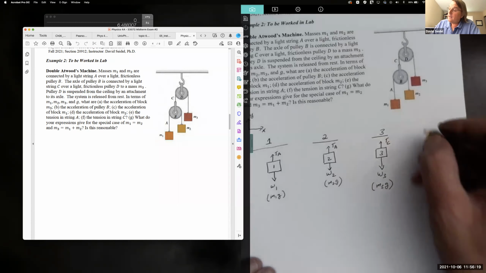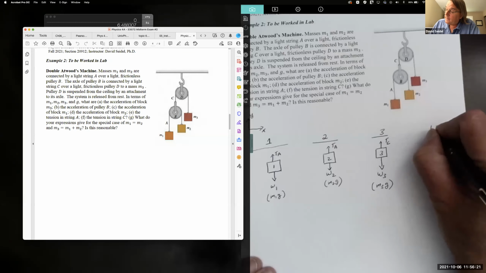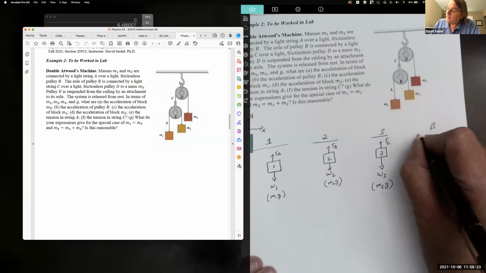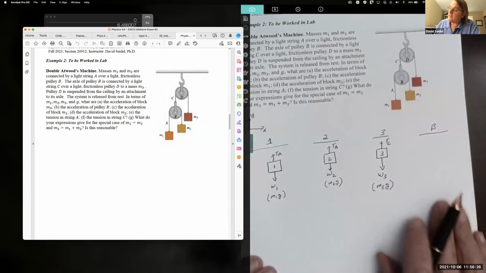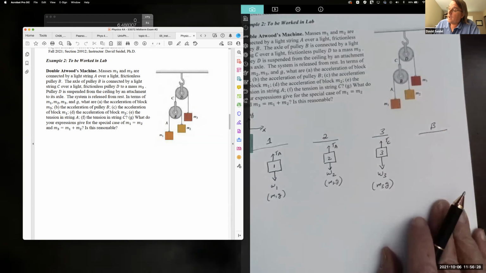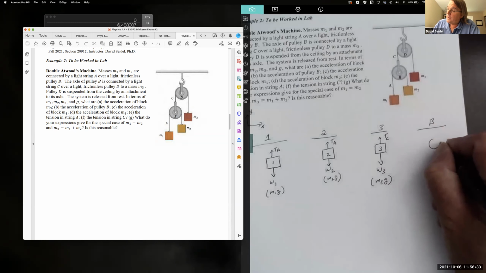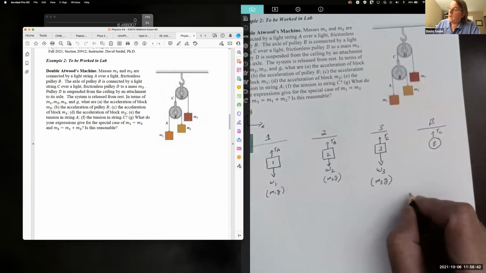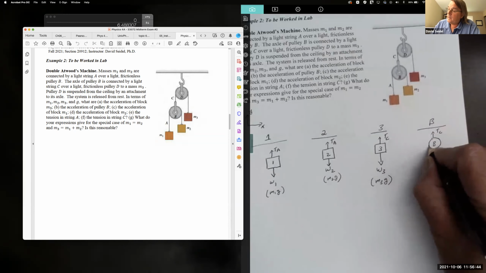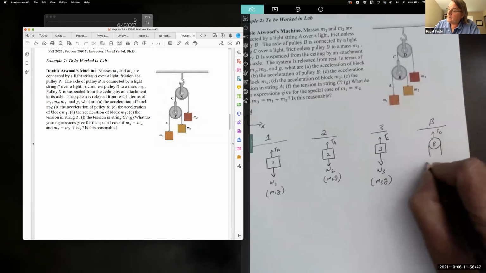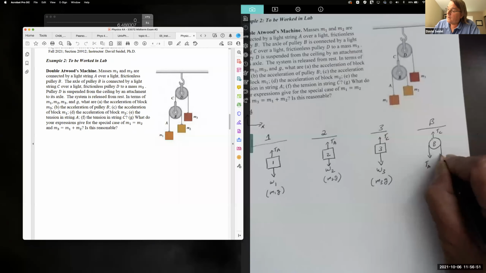And object B. I'm not going to write 4, I'm going to write object B because that's how it's labeled here. I've got my pulley B. I'll do it as a circle just for fun. And I've got TC up. And I've got TA down.